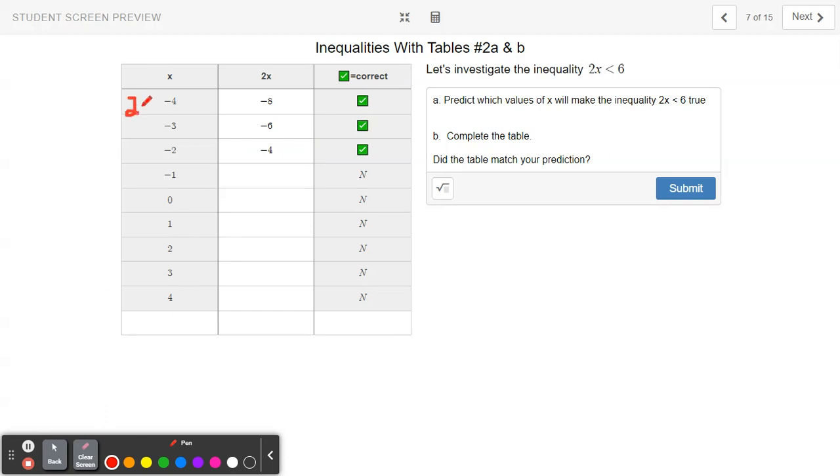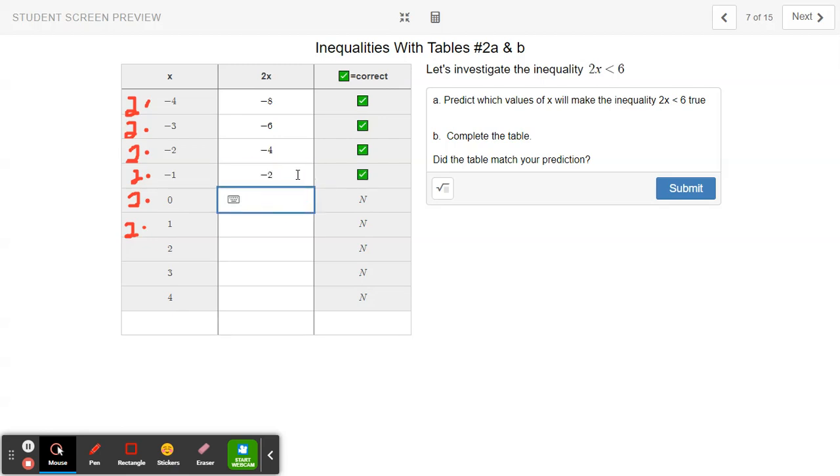We're literally doing 2 times x, because we're putting x into this expression here. So 2 times everything all the way down. We're just typing in the answers there. So this would be negative 2, 0. Now we're flipping over to positives because these are all positive numbers and we're multiplying by a positive. So 2 times 1 is 2, 4, 6, 8.